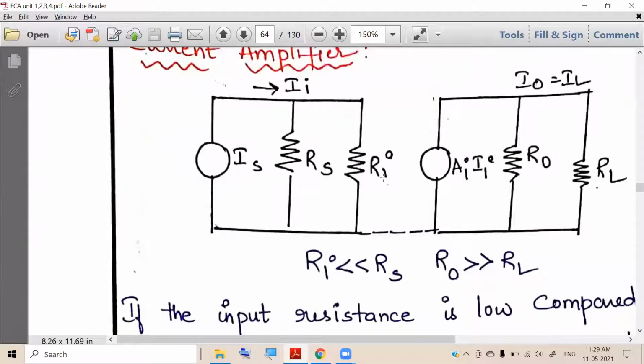So Ri should be much less than Rs. This is the condition.